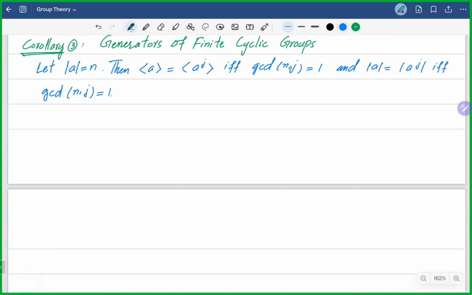And the last corollary of this is corollary 4, which talks about the generators of Zn.